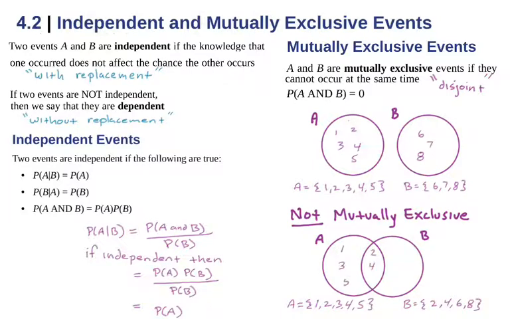When we draw the numbers of A, all 5 numbers live inside of A here. And when we draw the numbers of B, 2, 4, 6, and 8 live inside of B. But notice that there is that overlap between them. So this would be a visual representation of things that are not mutually exclusive. You could actually be in both events at the same time here.